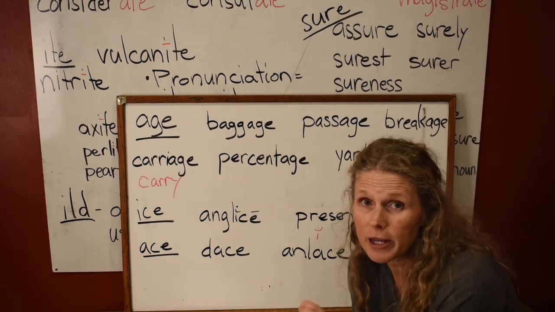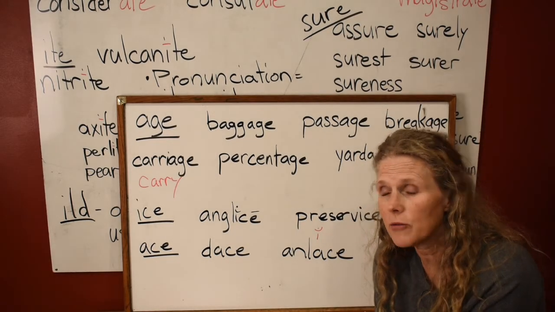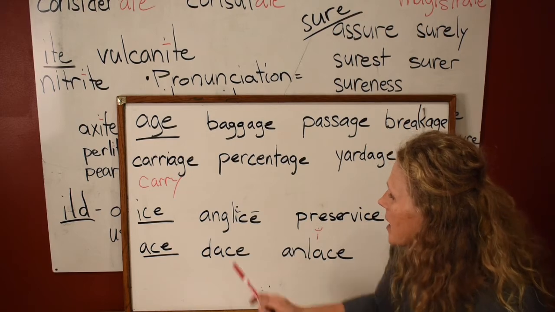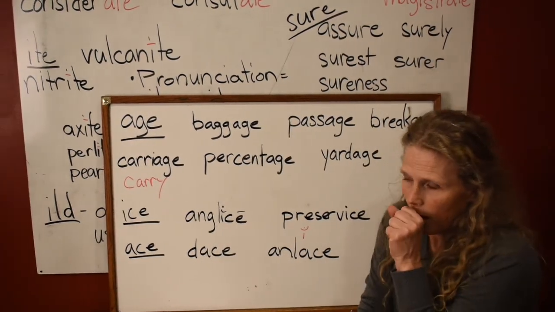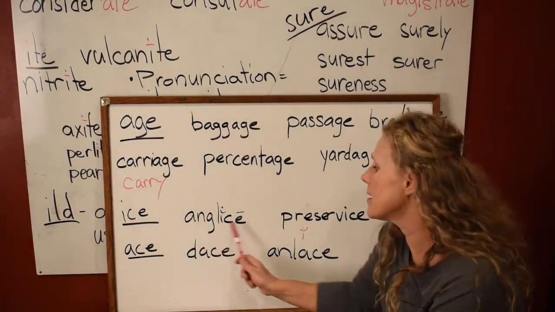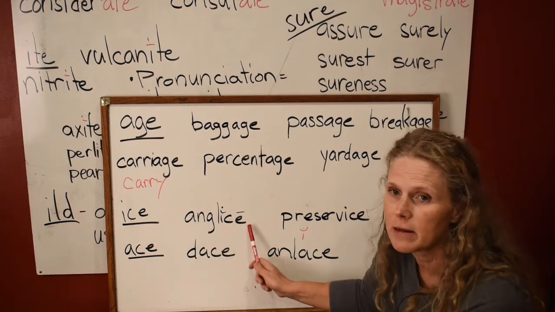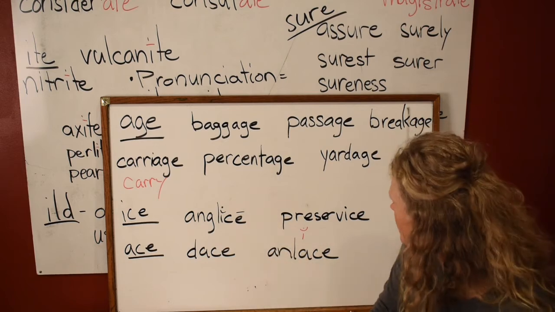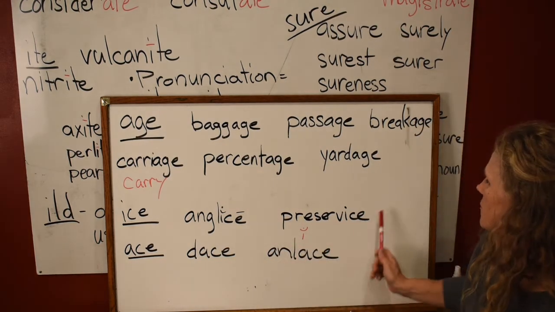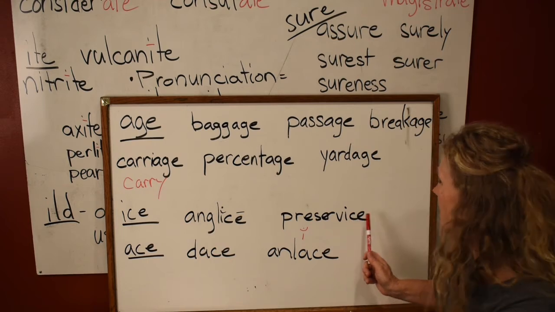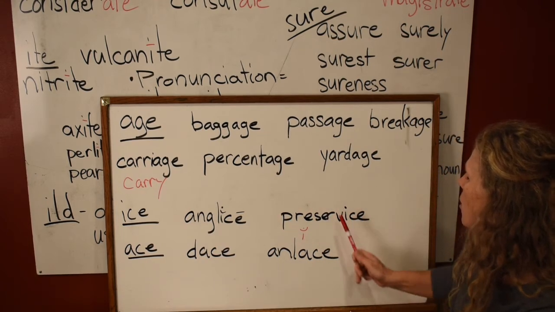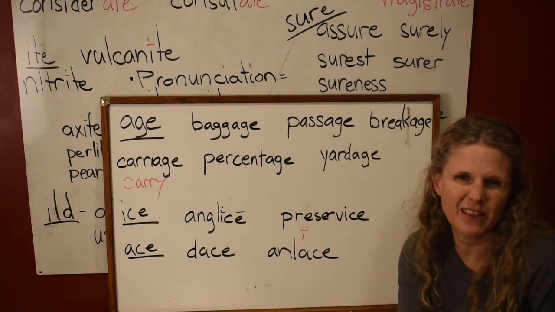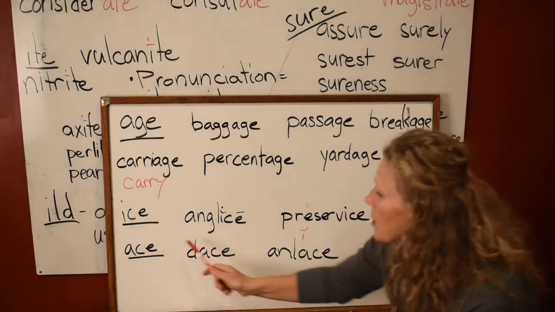It's very odd and very unusual, but I did want to point it out that sometimes you see ICE and it's not going to say ice. Anglice. This says anglicis, anglicy. This E is going long. It's actually saying something, and most of the time it's silent. This says preservis, and I've also heard it as preservice. So it could either be long or short in here, just depending, I think, where you come from. So, but look at this.